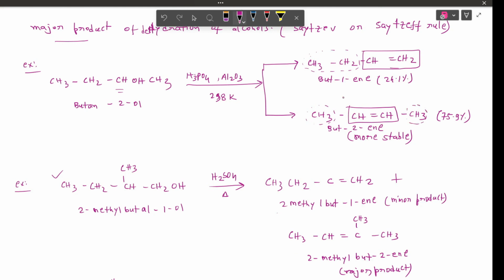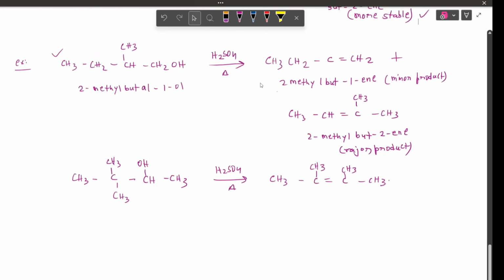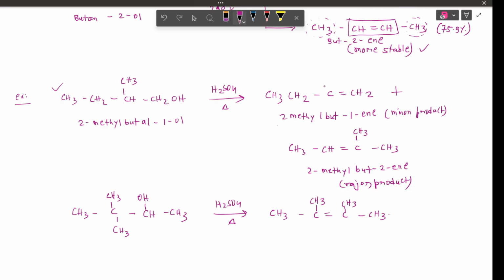So it will be the more substituted alkene. So that's why it is the major product. If you see here in the double bonded carbon, only one alkyl group is there, but in this double bonded carbon you have three alkyl groups, 1, 2 and 3. That's why it is the major product.